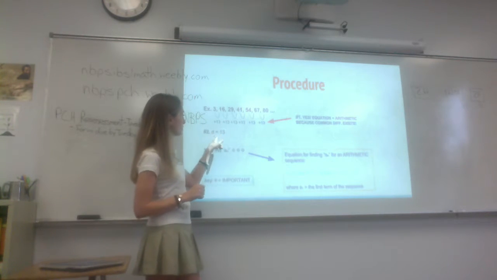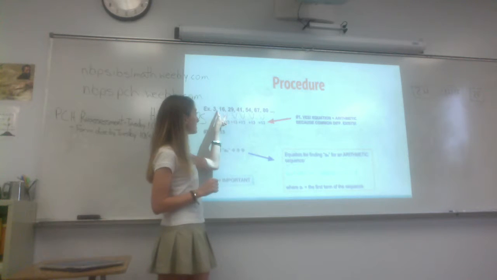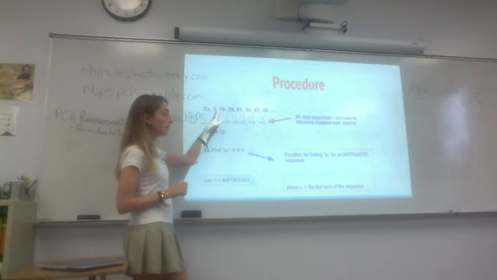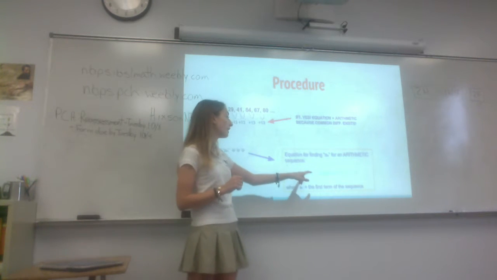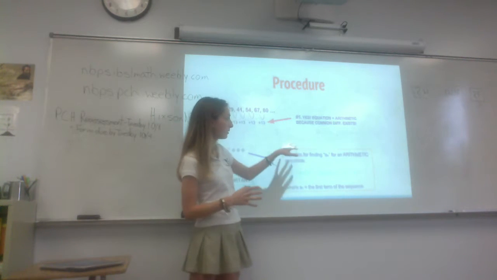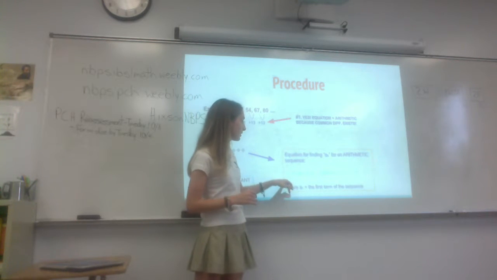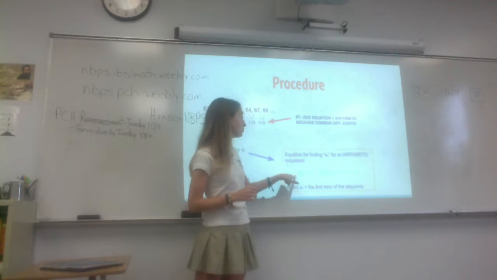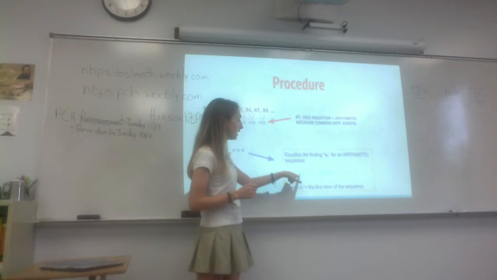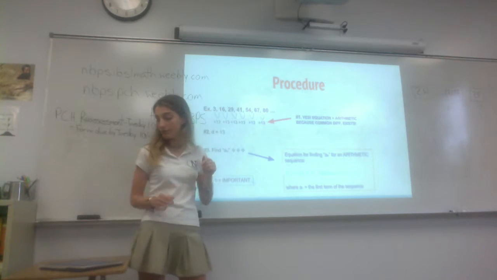So here you plug in 13n plus, and then a sub 1 would be 3 minus the common difference of 13. So the final formula for the arithmetic sequence would be a sub n equals 13n minus 10, because that's 3 minus 13.